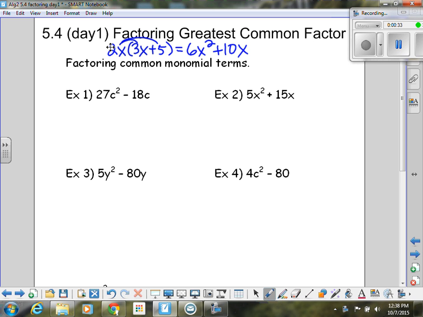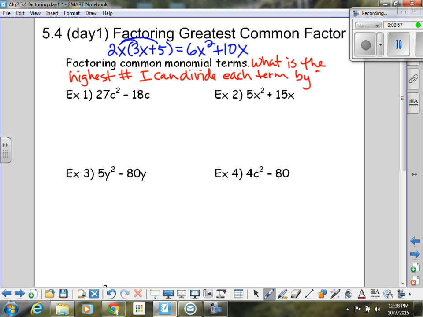So here's our question for finding the greatest common factor. What is the highest number or a variable I can divide each term by?